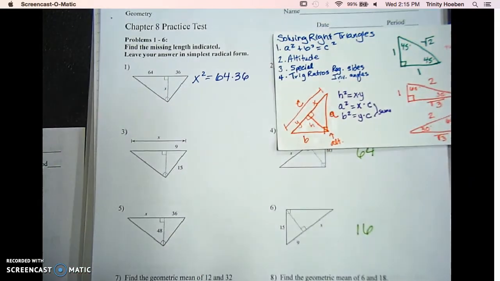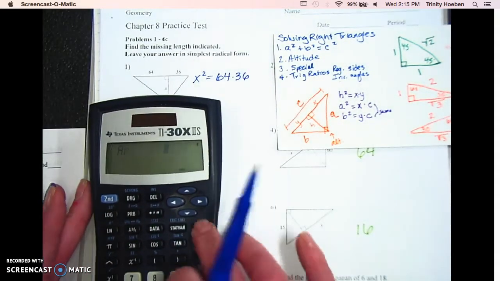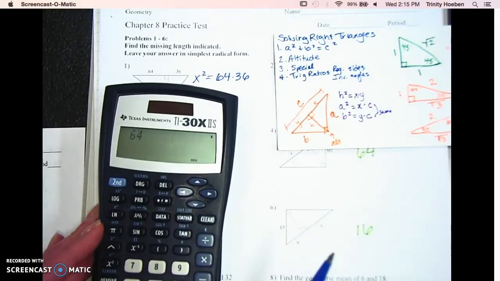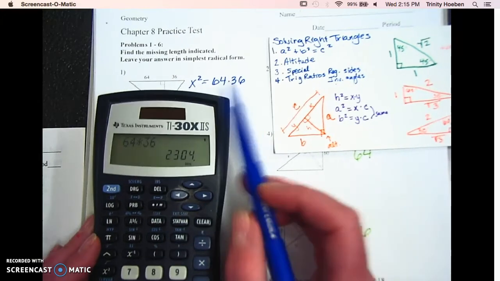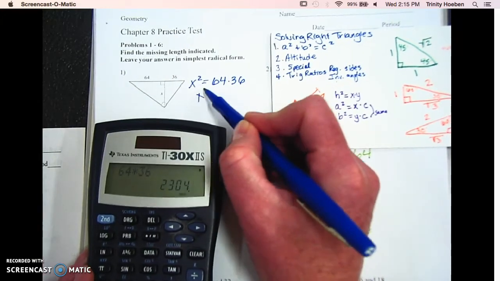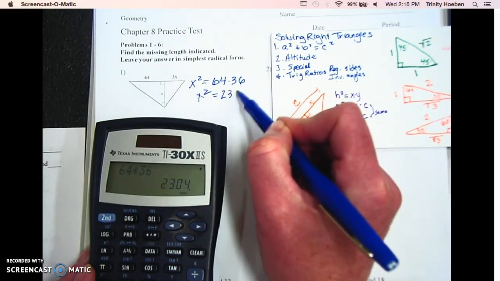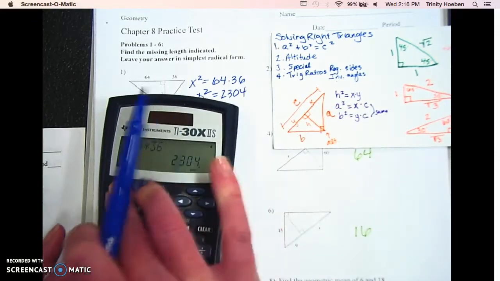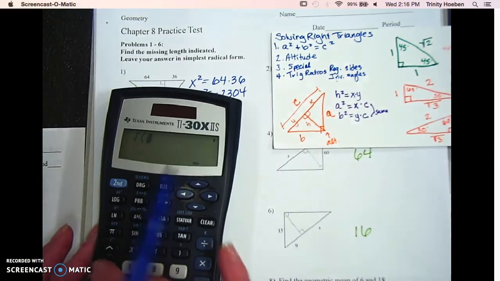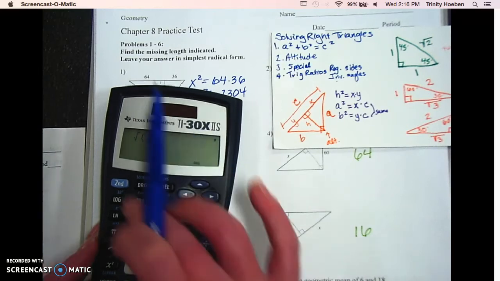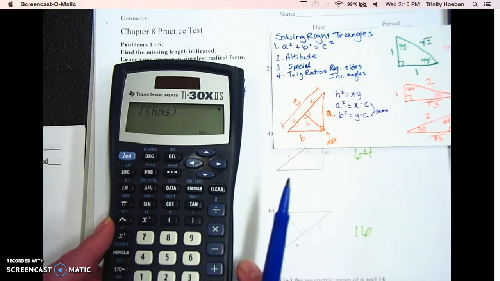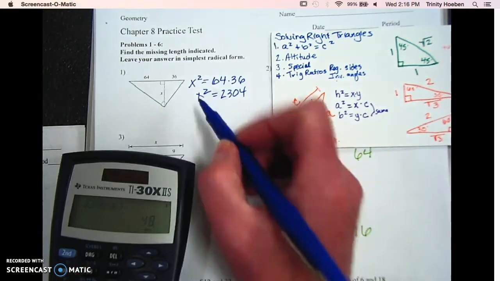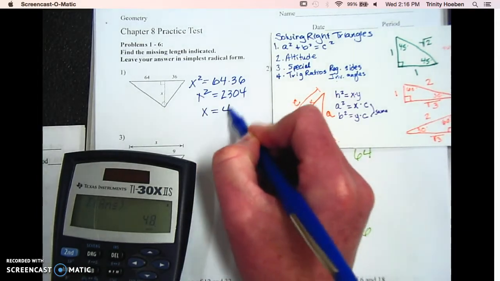Multiply 64 times 36 on your calculator. Then to take the square root, hit the second button, the square root button, and then second answer, which takes the previous answer so you don't need to retype it. Hit equal, and x is equal to 48.